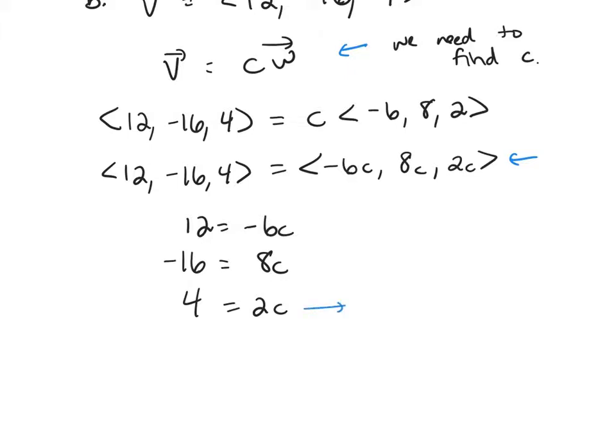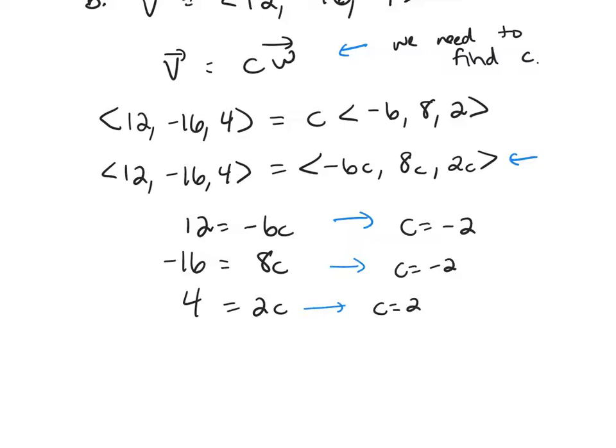So this bottom one tells me c is 2. This one tells me c would be negative 2. And this one tells me c would be negative 2. Well, c can't be 2 and negative 2 at the same time.